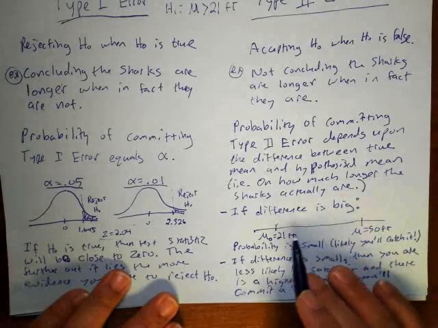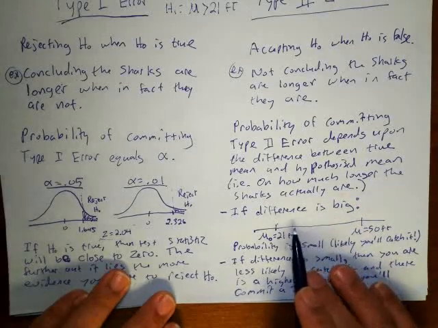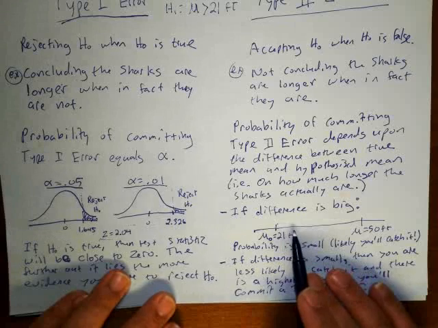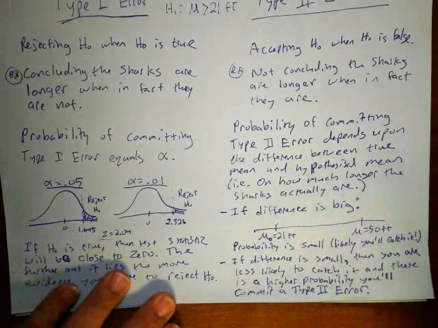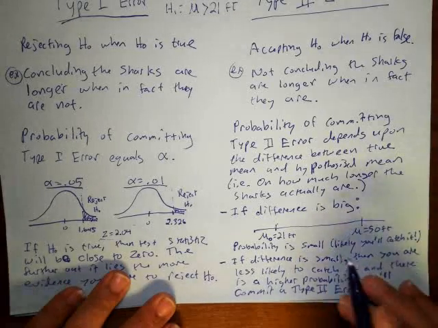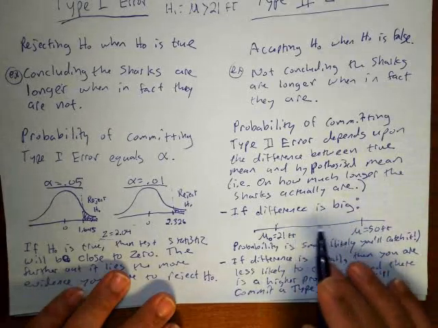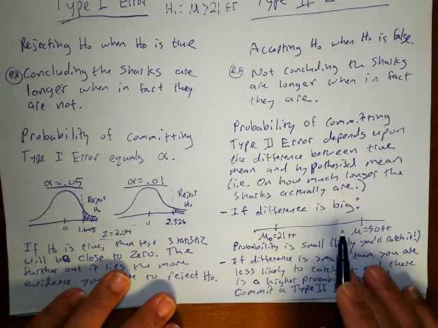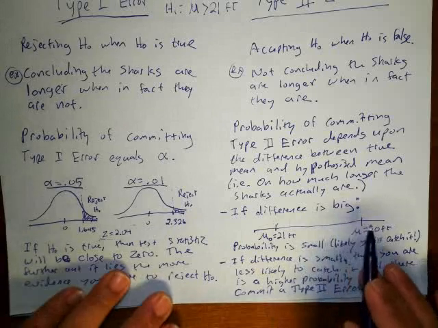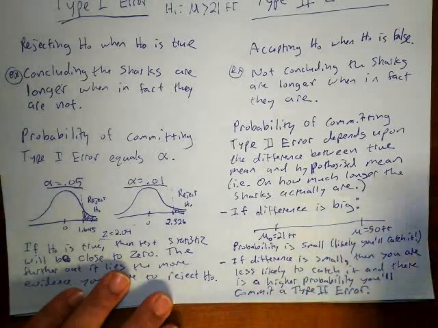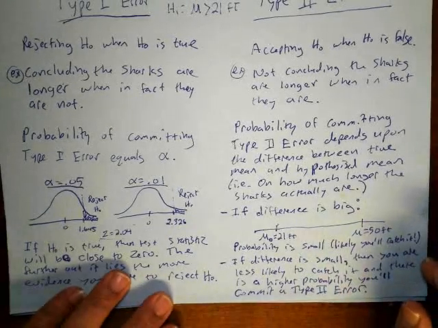But in a sense, that kind of works itself out, because if the difference is only a little bit, you might not catch it, but then again, the difference isn't that big, so it's not as big of a deal if you don't catch it. When the difference is large and it's important that you catch it, you usually will. The probability of committing the type 2 error is very small.